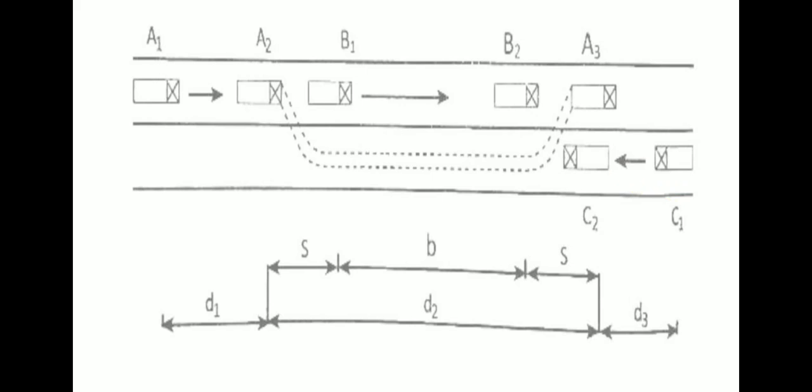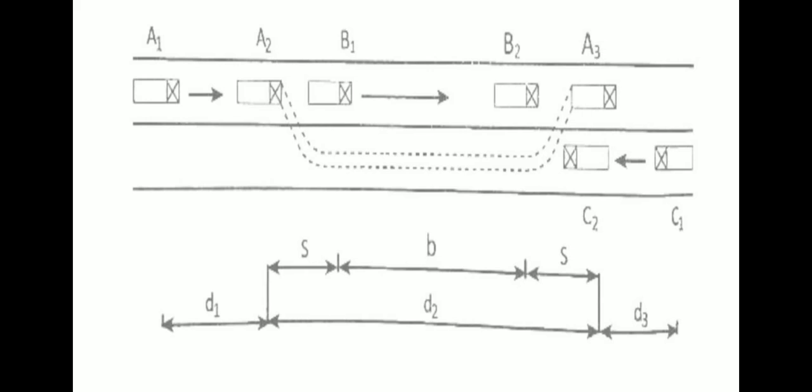We will now study the analysis of OSD. This is a very important figure. Here you can see that A1, A2 is the distance traveled by one vehicle. C1 to C2 is the vehicle coming from the opposite direction.